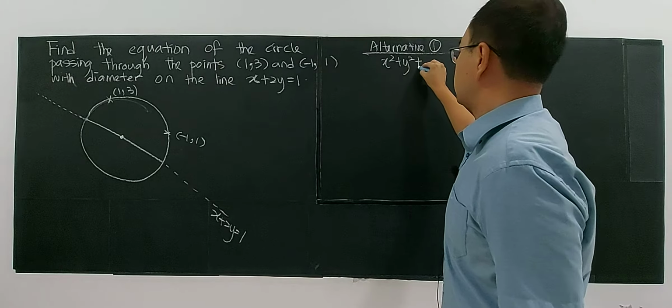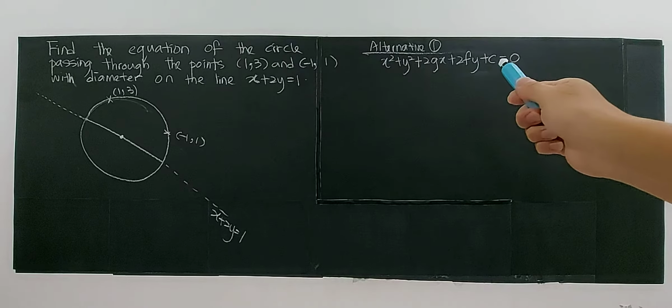The equation of a circle can be represented by the general form x squared plus y squared plus 2gx plus 2fy plus c equals 0. Our objective is, with the information given, to find g, f and c.